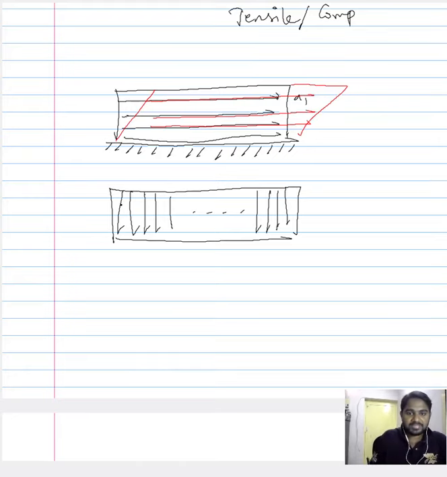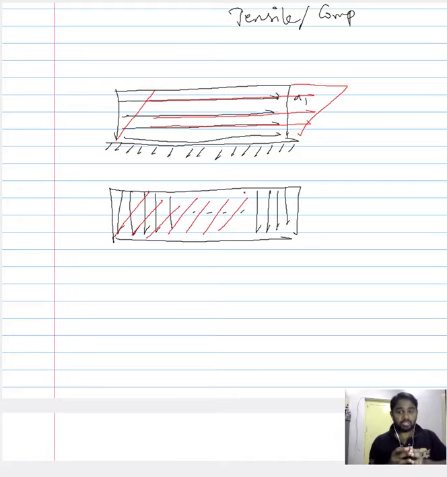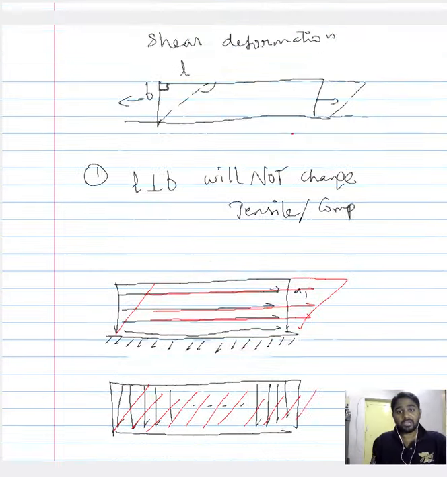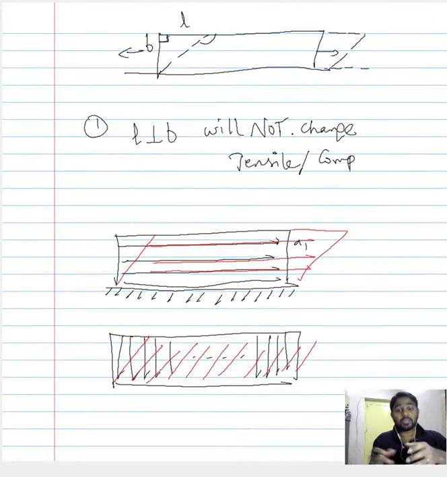But what happens is that when you impose the shear condition, you will be able to see that the distance between these two will not change, but rather they continue to remain parallel, but now they are inclined. When the shear loading is imposed, now they are inclined. So these are three additional features to characterize the shear strain or the shear deformation. One is that the length and breadth have lost their orthogonality.